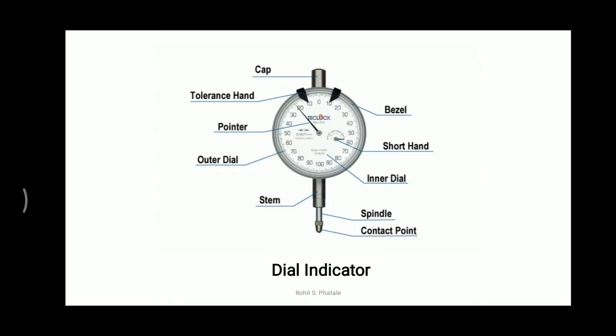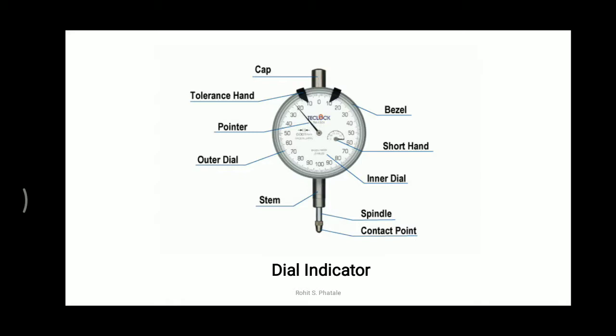Then these are the tolerance hands. Some amount of tolerance is provided, and we can set the tolerance hands to match the tolerance provided in the drawings. Then there is the bezel and this short hand.